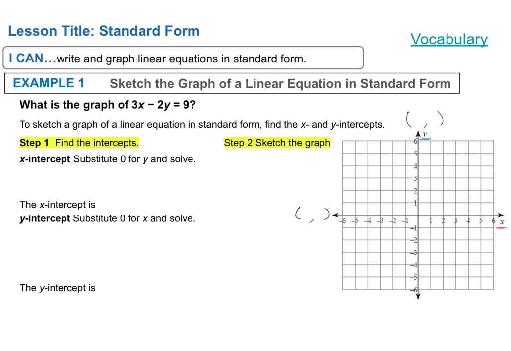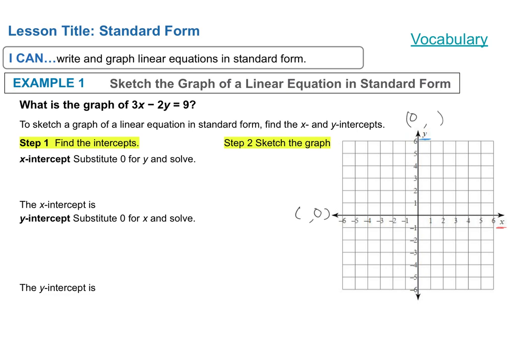So any point on an x-axis will mean that the y-coordinate will be 0, and any point on the y-axis will mean that the x-coordinate will be 0. X-intercept and y-intercept should not be confused with x and y coordinates.